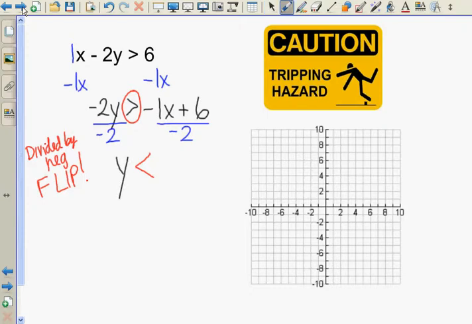All right, and then what's left is just the y. Negative 1 divided by a negative 2 is a decimal, so I'm going to leave it as a fraction, but negative over negative is positive. And then positive 6 divided by negative 2 is a negative 3. So just have to be careful with that, remembering to flip.